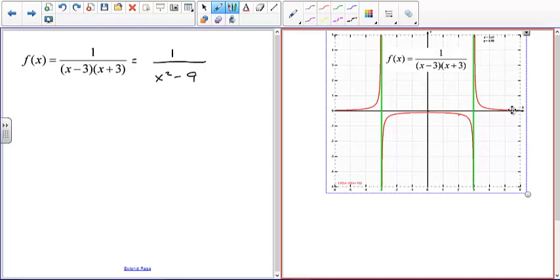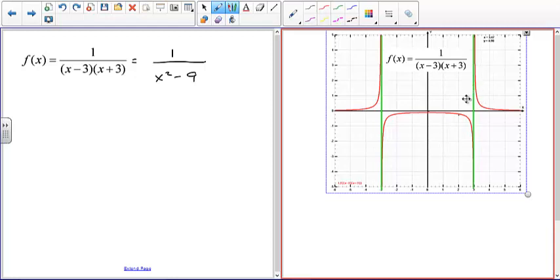Because it's above the x-axis, it has to stay above the x-axis since there are no x-intercepts. So I know this has to approach positive infinity. There's no way to cross over because this doesn't allow it.